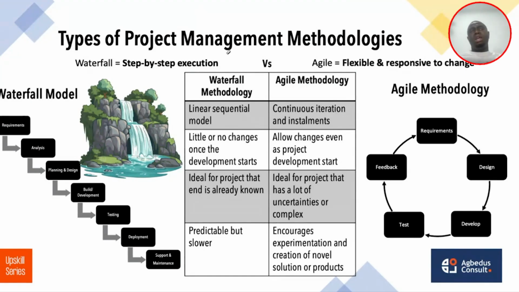So when you look at the differences between waterfall and Agile, waterfall works in a linear sequential model. That means we need to build a foundation before they build and lay the walls. With waterfall, when we build a foundation, the roofing people cannot come and say, oh, I want to lay my roof before you finish your house.